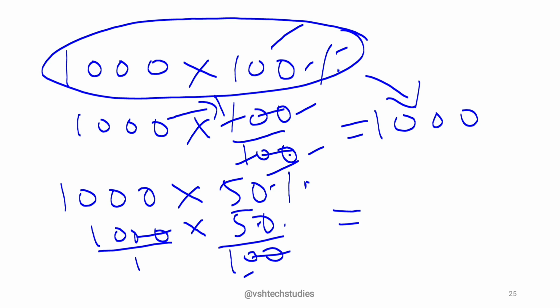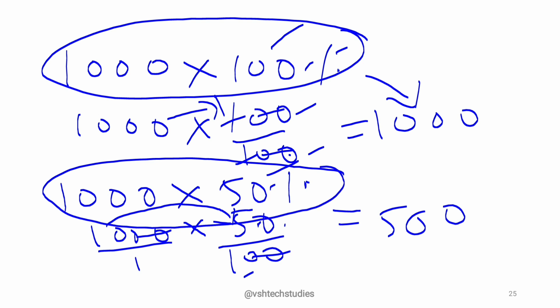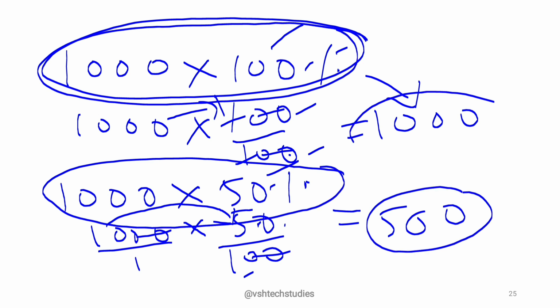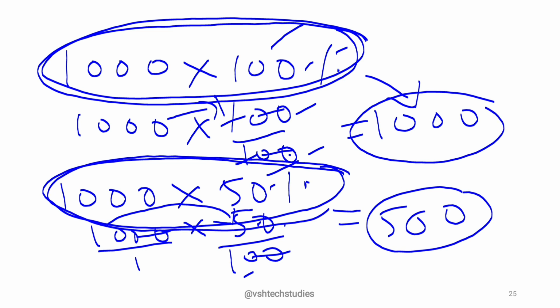What is left here? 10 into 50 is 500. That is why 50% of 1000 is 500. 100% of 1000 is 1000. 50% of 1000 is 500. So here how do we write in decimal? 1000 into 1. Here how do we write in decimal?